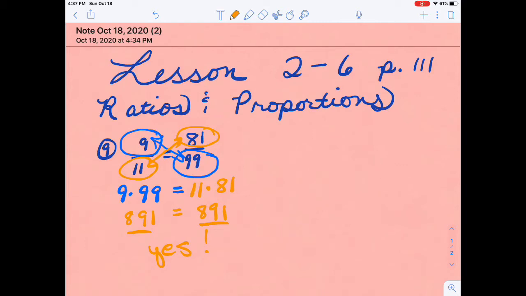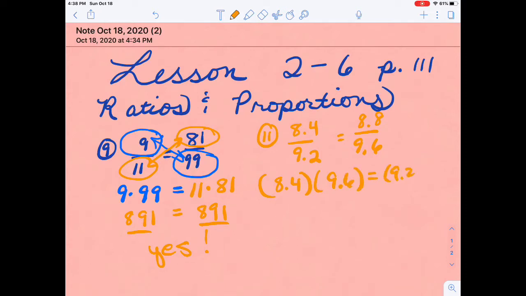All right, let's look at one that doesn't work. Let's look at number 11. I have 8.4 over 9.2, and I want to know if that is equivalent to 8.8 over 9.6. So I'm just going to use my calculator to multiply 8.4 times 9.6 and see if that equals 9.2 times 8.8. I'm going to let the calculator do most of the work here. 8.4 times 9.6 is 80.64.